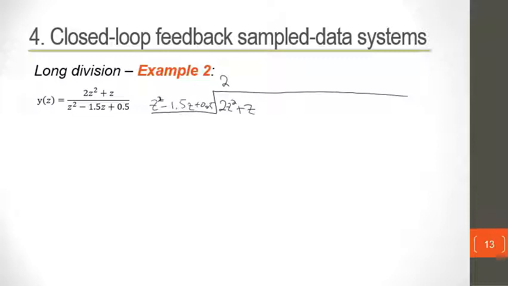You say 2 multiplied by z squared, you get 2z squared. 2 multiplied by 1.5z, sorry, 2 times 1.5 is 3, so this is 3z, and then 2 times 0.5 is 1, plus 1.